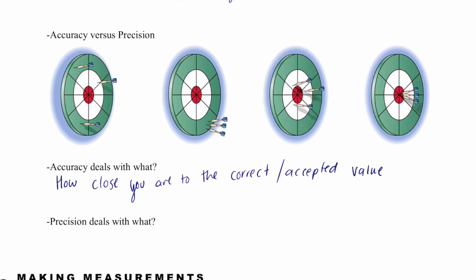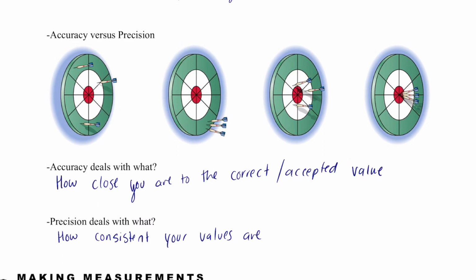And then precision deals with how close you are every time, and so I like to word it how consistent your values are.